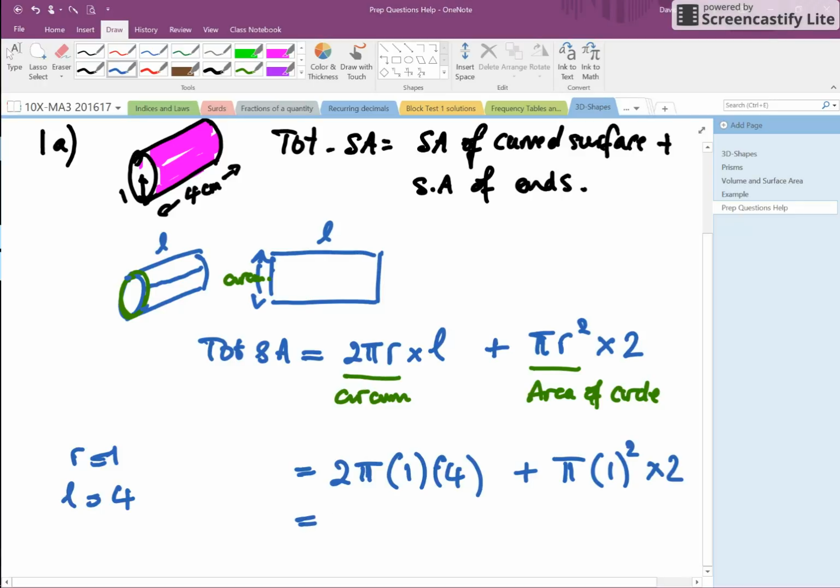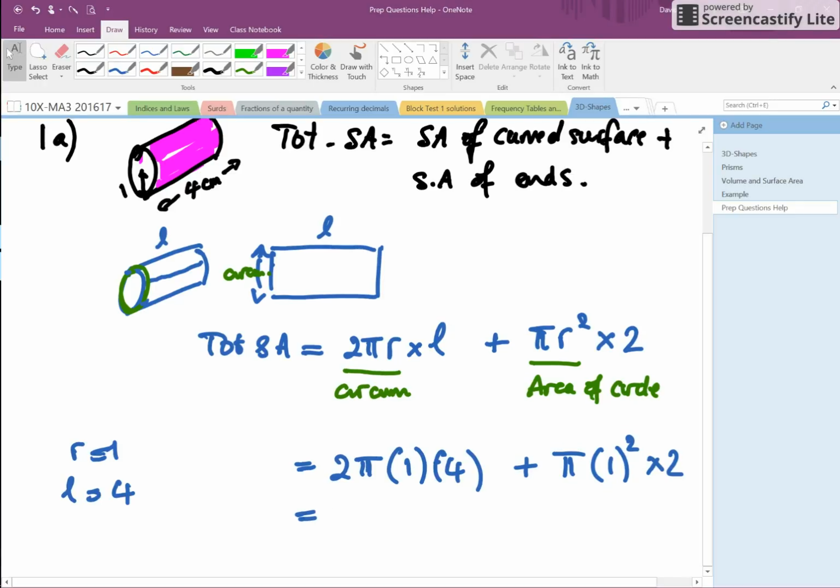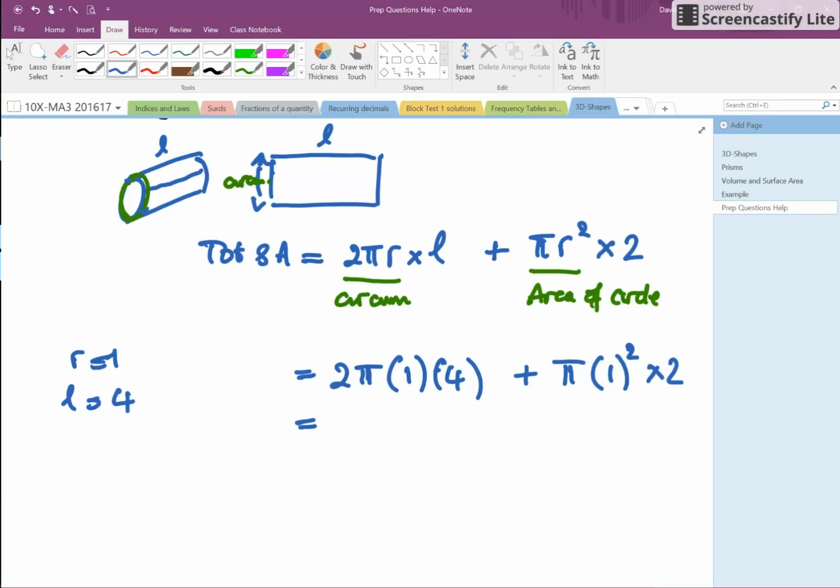Now we're just going to tidy this up a bit. This is 2 times 1 times 4, which is 8, so this is 8 pi. And then we add 1 squared is 1, 1 times 2 is 2, so this is 2 pi here. And we get a total of 10 pi.